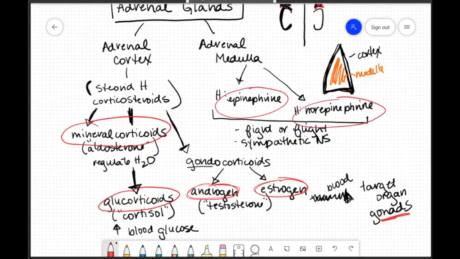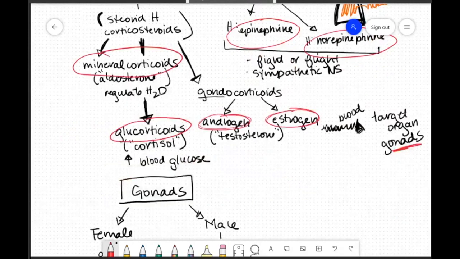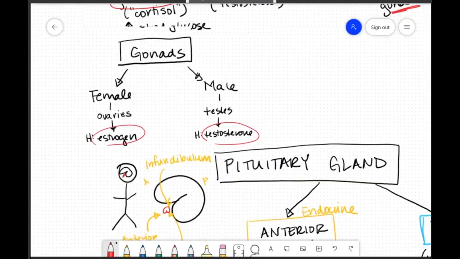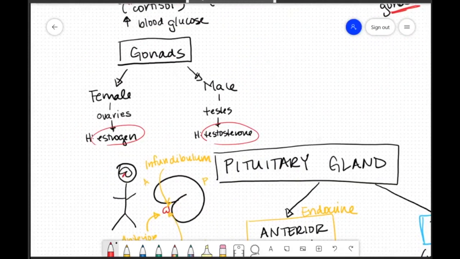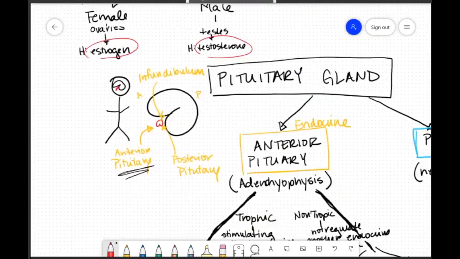So all of these are released from the adrenal gland. You do need to know which ones are the cortex versus which ones are the medulla. Then we talked about the gonads and how there's the male gonads and the female gonads, and they will release the hormones estrogen or testosterone, whichever one is appropriate.